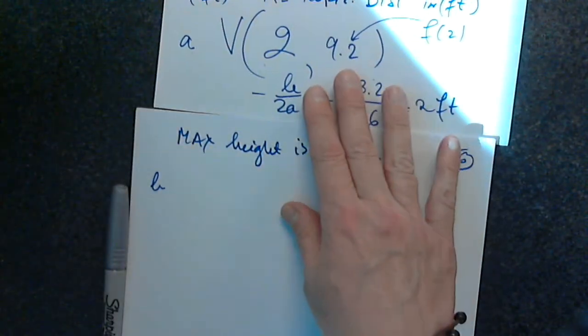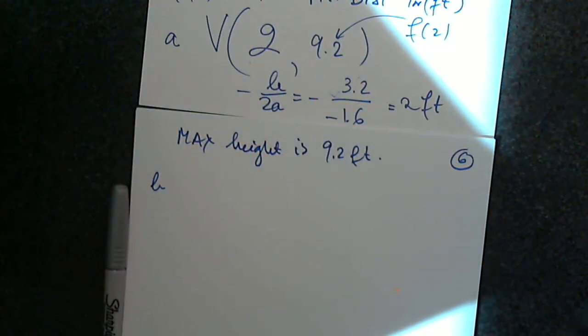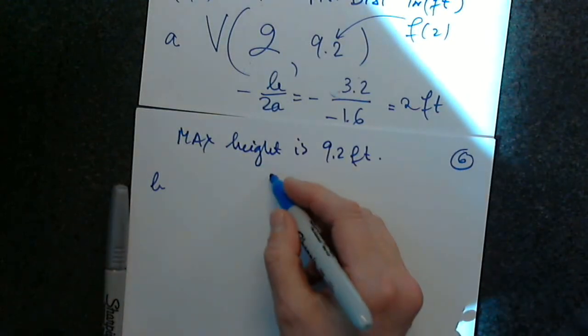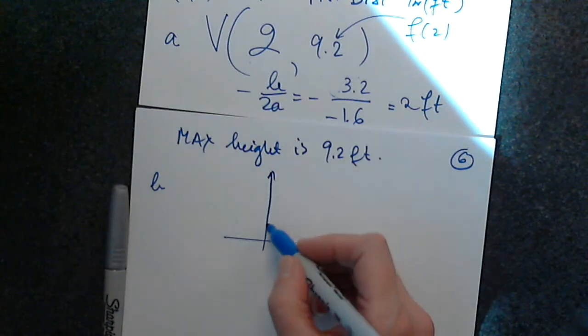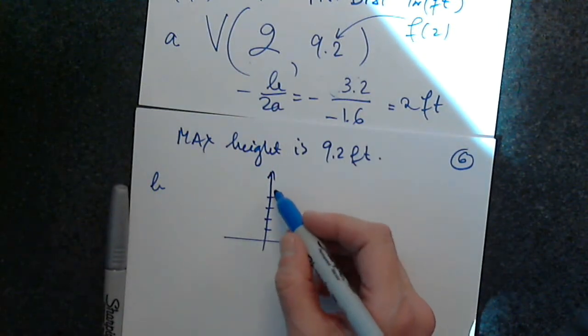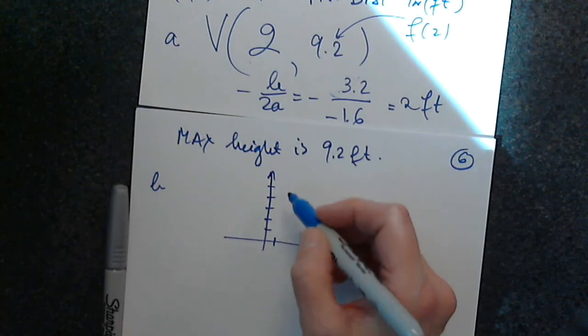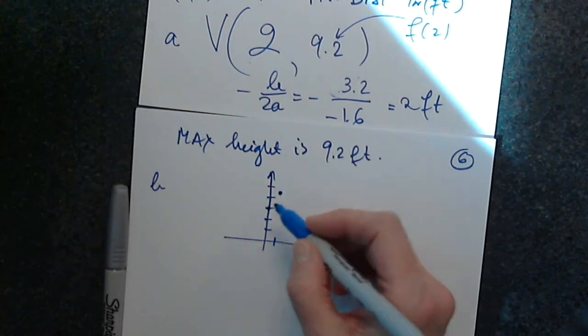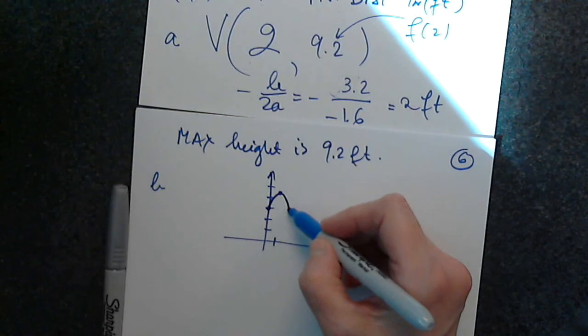Now in part B, they're asking us how far does the ball travel horizontally before hitting the ground. So I'm standing here, I'm throwing the ball. Now I want to know how many feet away from me it hits the ground. What am I asked to determine? I can picture the graph. I have 2, 4, 6, 8, 10. So 2 feet, 9.2, and 6 feet.